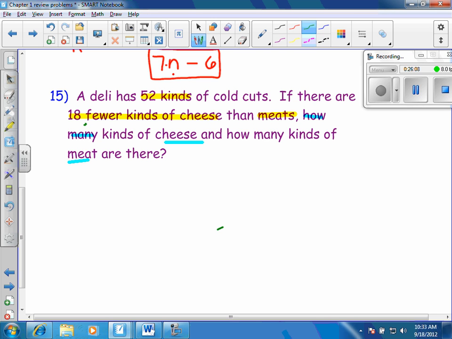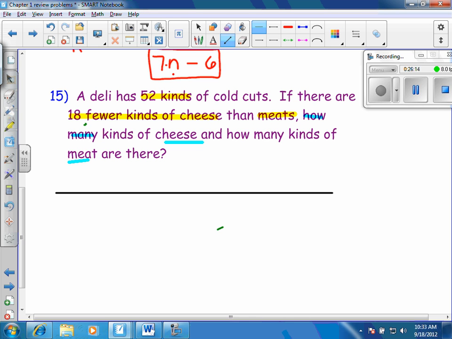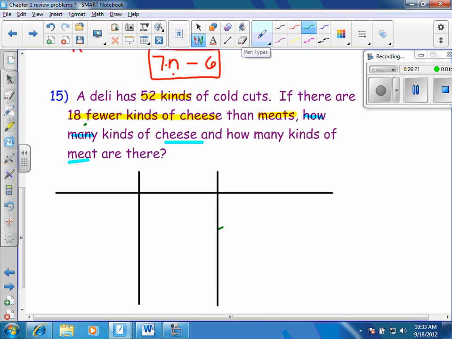So in your class, really the best way to do this is keep it simple and use a table like we've been practicing in the homework, or you could make a column titled meats and cheese and the total, and we know we want the total to be 52.